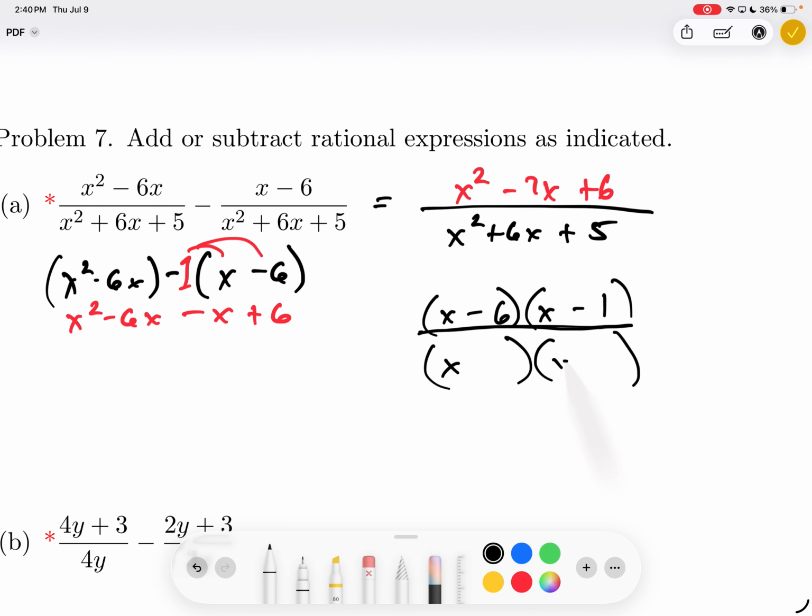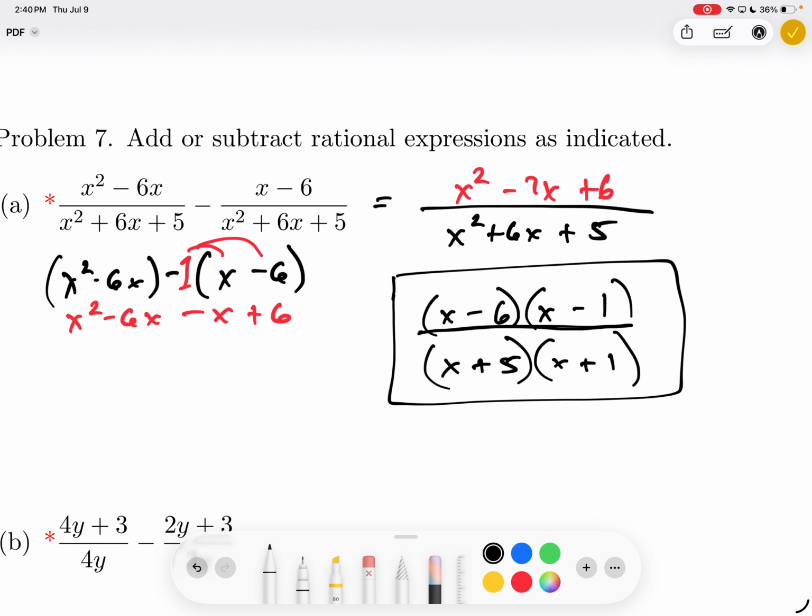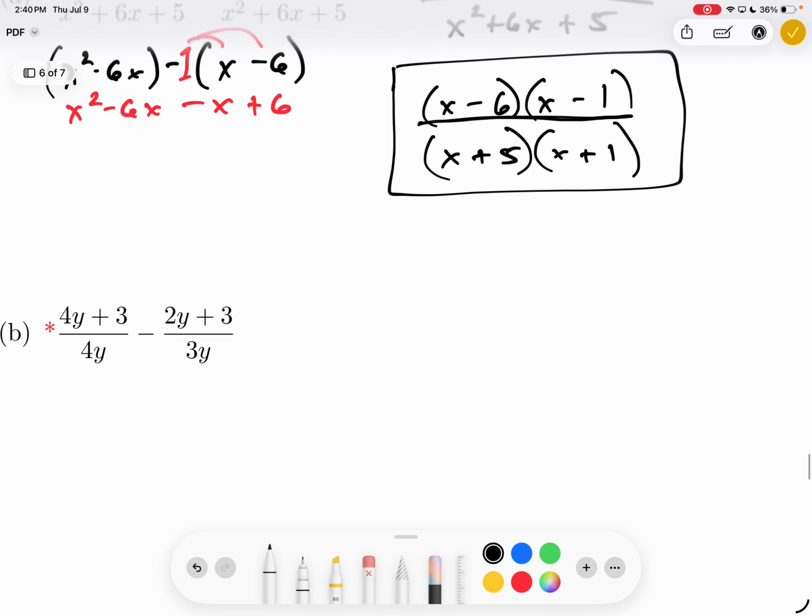And the other one is very similar because it's 5 and 1. 5 times 1 is 5. 5 plus 1 is 6. And nothing cancels out. That's why that one makes me mad, because technically you got to factor to see if something cancels out, but nothing does. So that's your answer. Either one of those answers would work. I don't think you'll have too many like that, though.